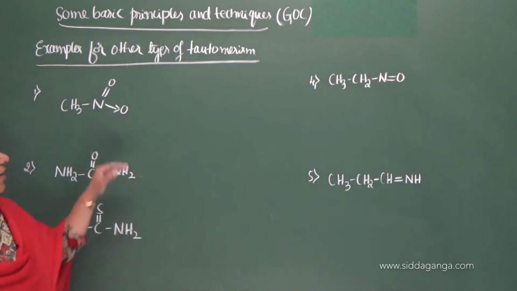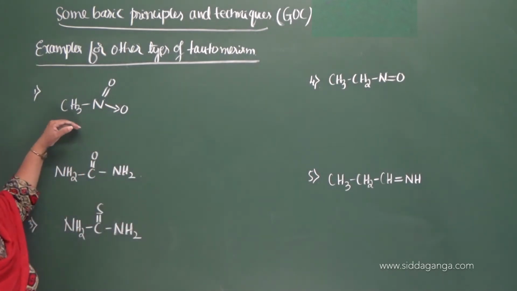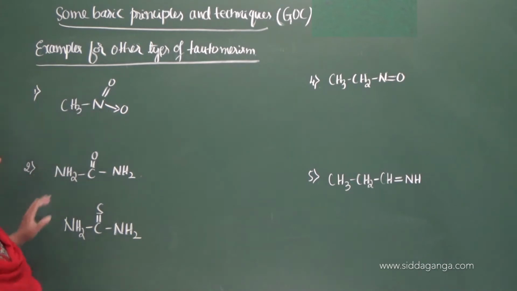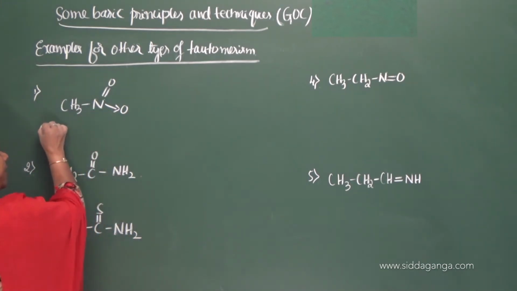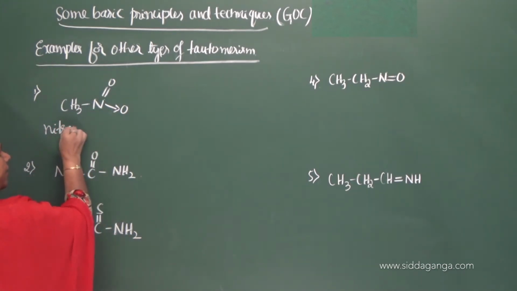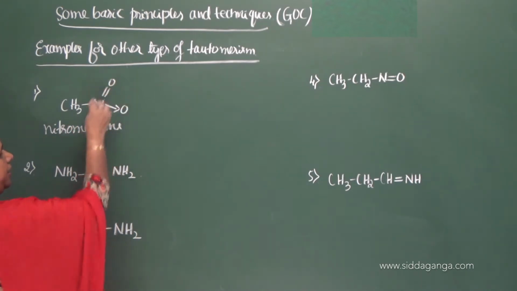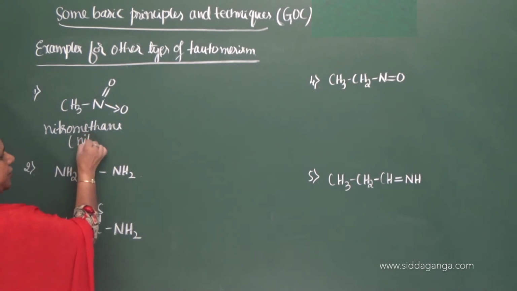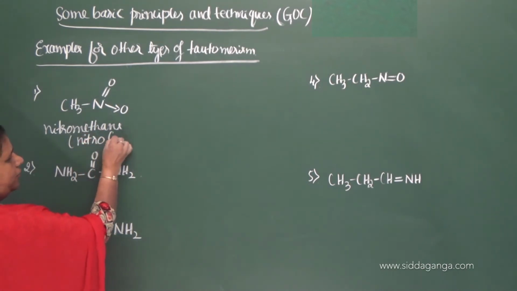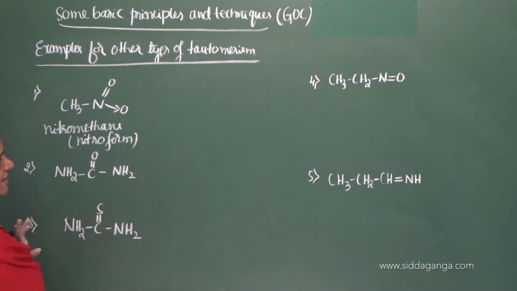Like here I have taken CH3NO2. What is this compound called? Nitromethane. It has a nitro group, and it is the nitro form. Take down these examples.